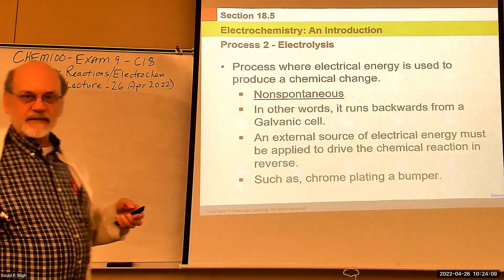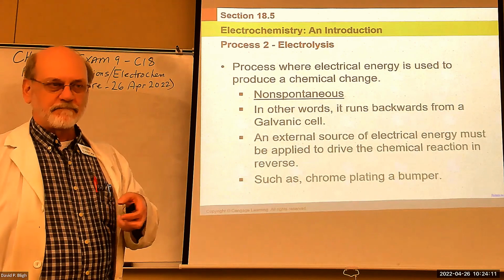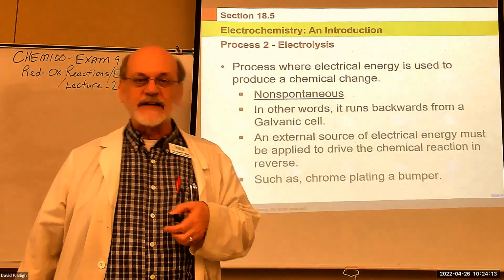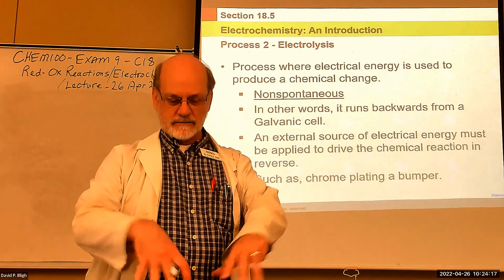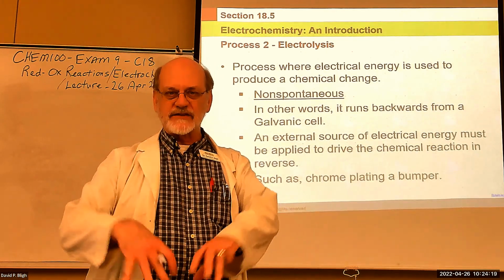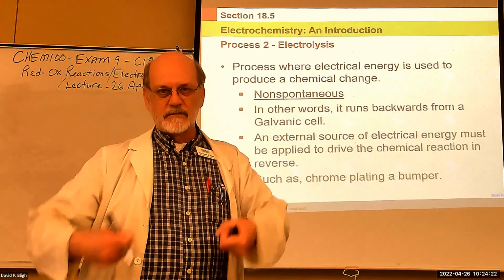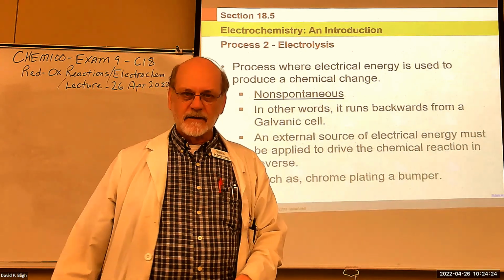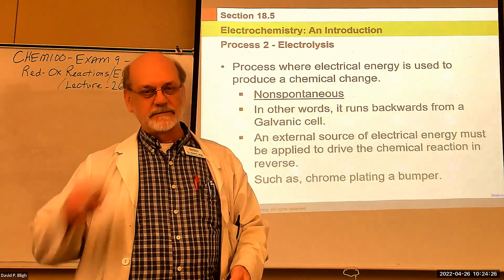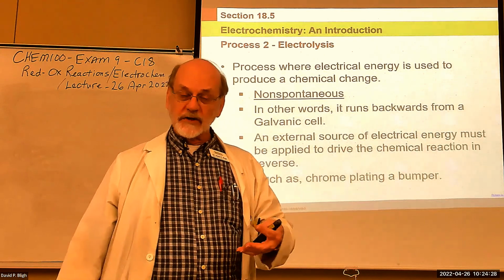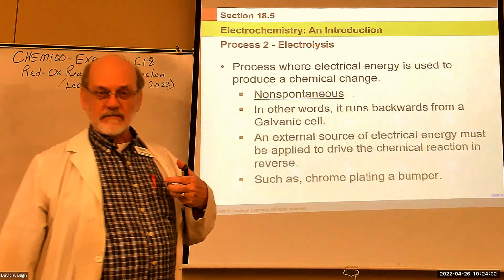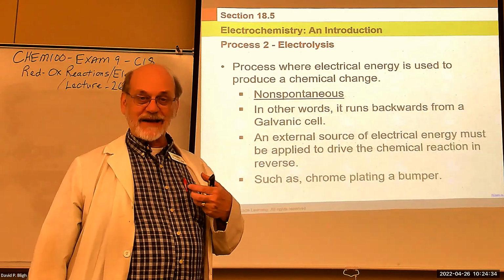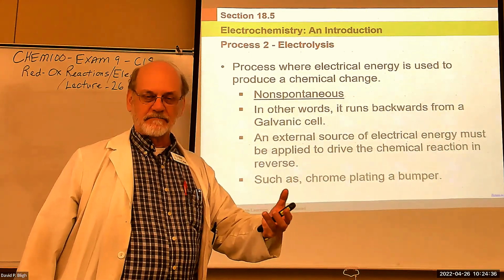Other types of electrolysis: if you've ever seen vintage automobiles, they might have chromed bumpers. None of this colored plastic stuff on hydraulic pistons. They're solid chrome bumpers. They're chromed by this process. Normally, chromium wants to react and become oxidized.